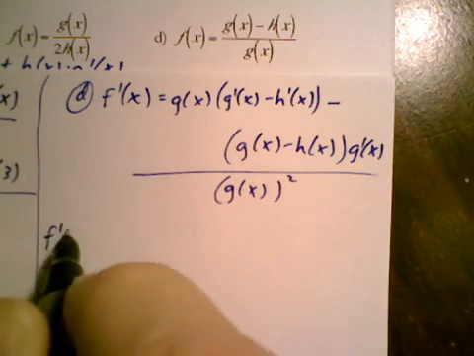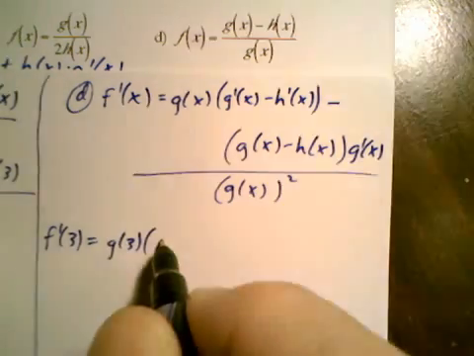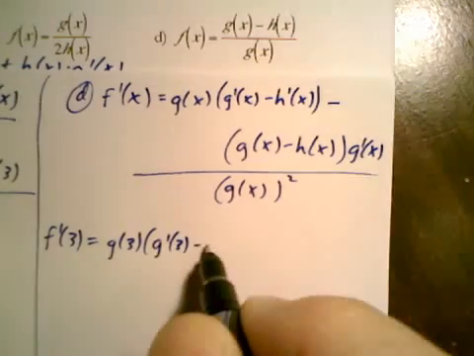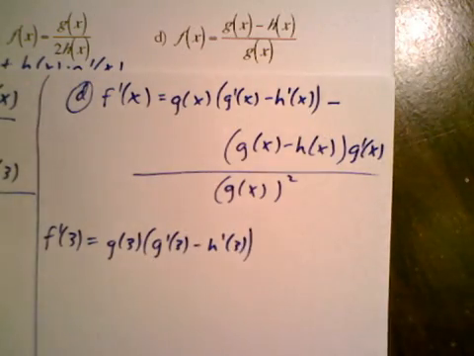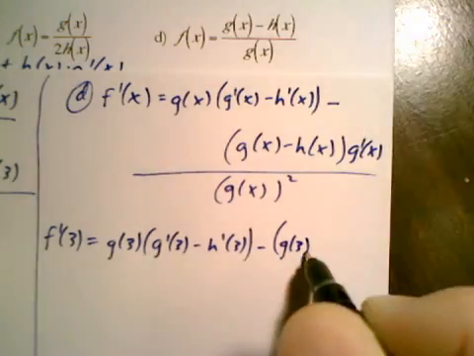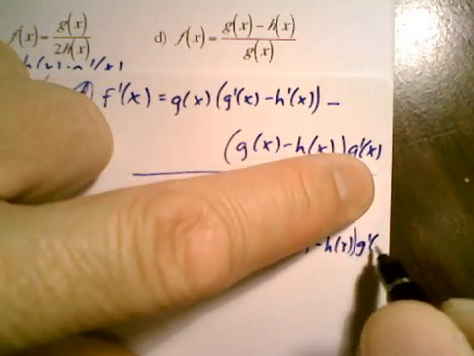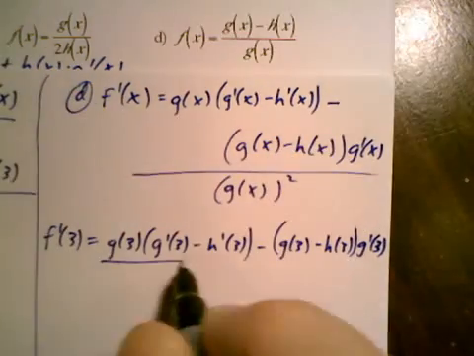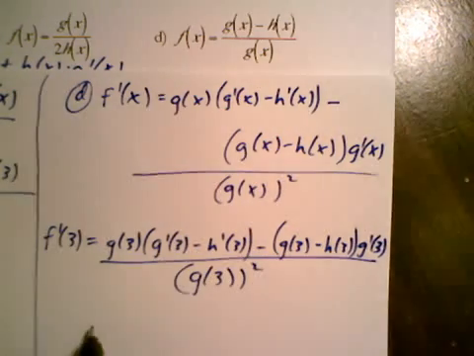Okay, therefore f prime of 3 is g of 3 times g prime of 3 minus h prime of 3. Okay, minus, and then we have this g of 3 minus h of 3 multiplied by g prime of 3. Squeeze that in there. And then over g of 3 squared.